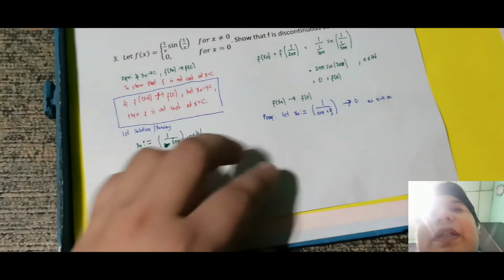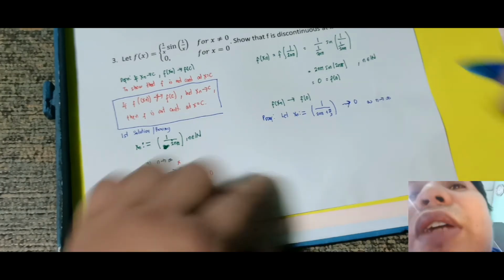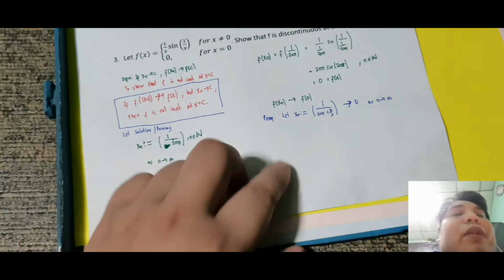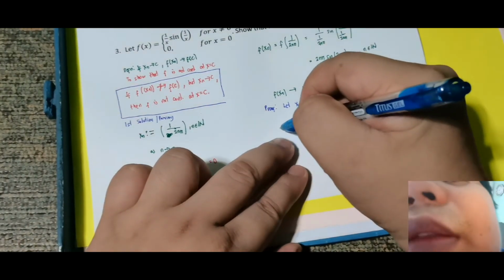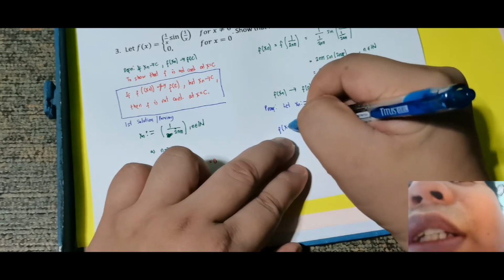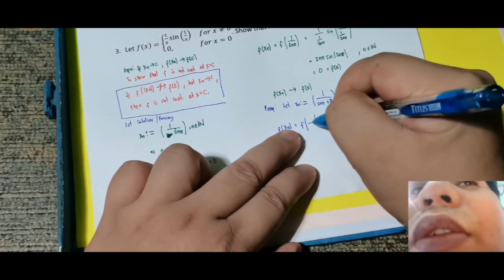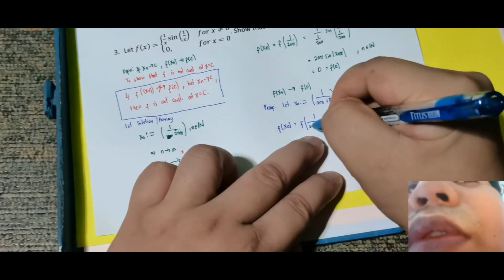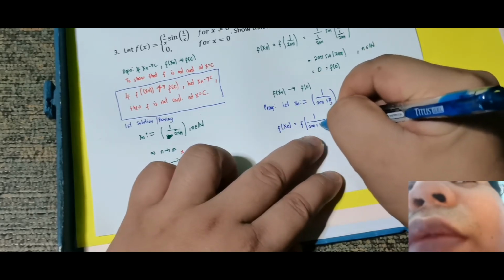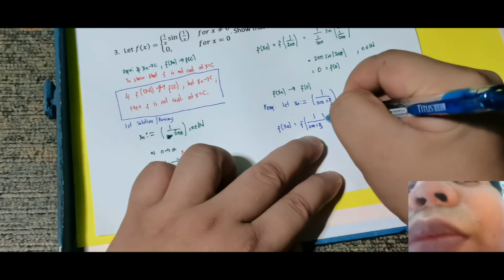Tama. Next, ipapalit natin yan. Aware naman tayo f of 0 is 0 na, so no need na i-prove yan. So, check natin sa f of x sub n. Consider f of x sub n, which equals f of 1 over 2n pi plus pi over 2.